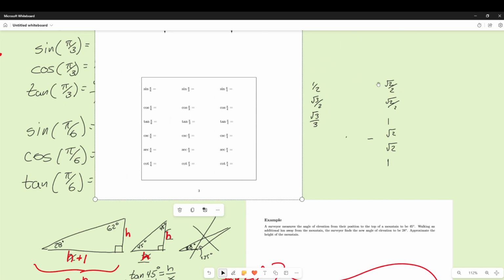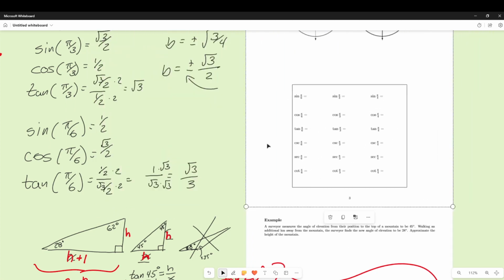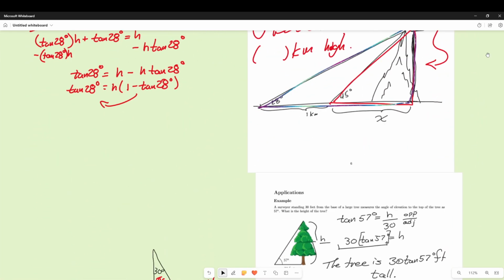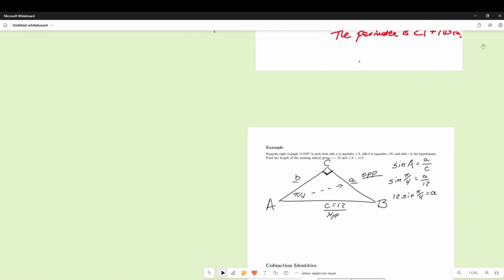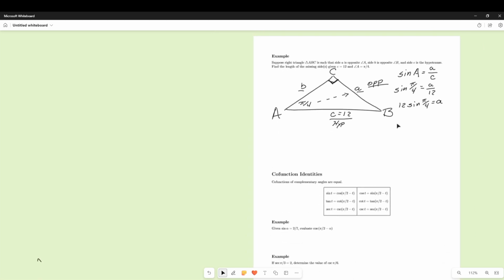The sine of pi over 4, that's one of the angles we know, is the square root of 2 over 2. So that product is going to equal A, so 6 square root of 2 is our side length A.